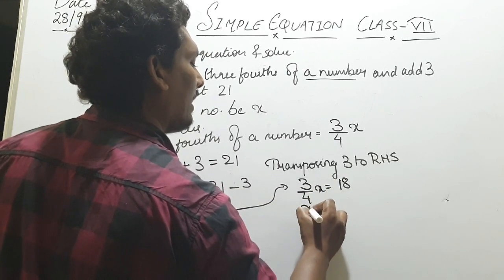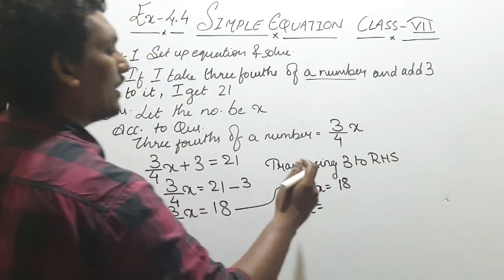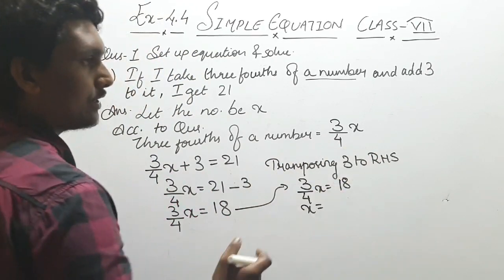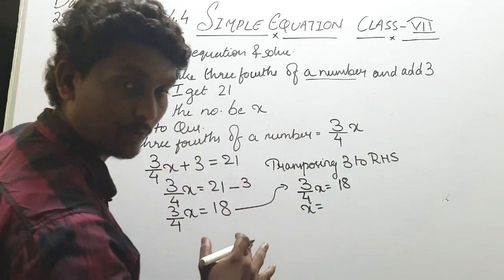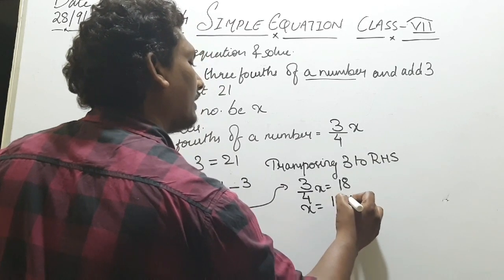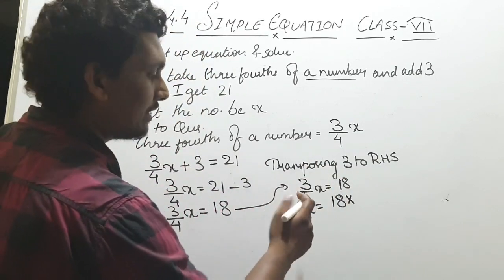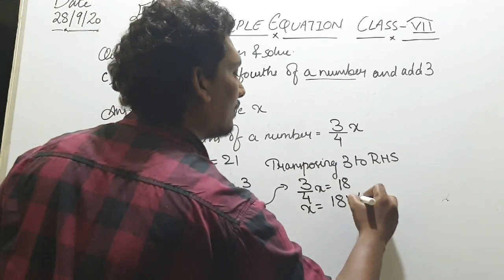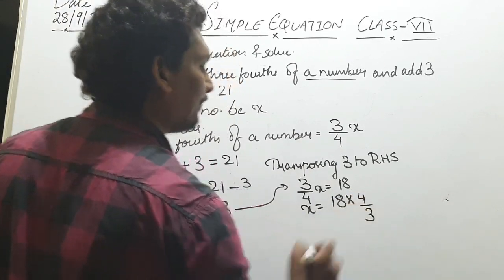So x is equal to, now we have to shift this 3 by 4 to RHS. So while shifting, it gets reciprocal. So 18 into, reciprocal means instead of 3 by 4, we have to write 4 by 3.